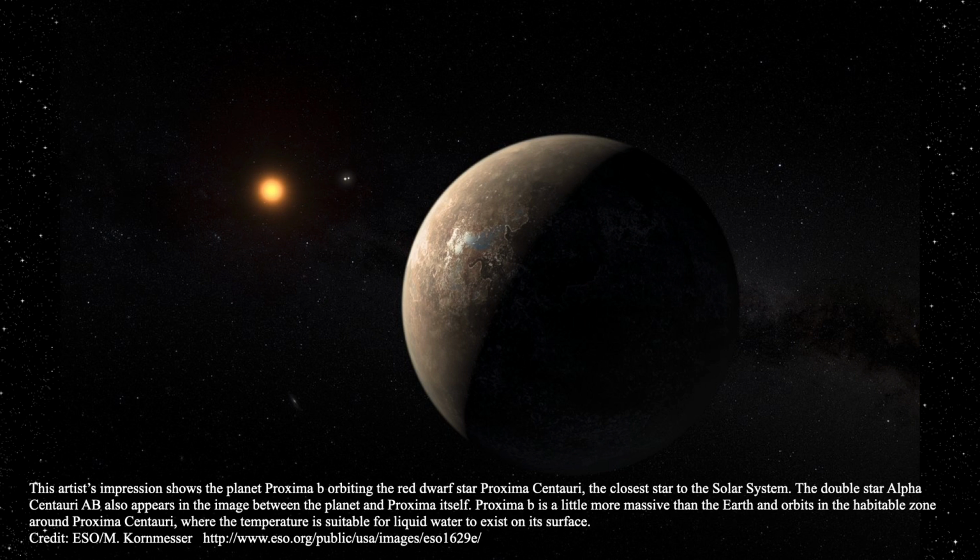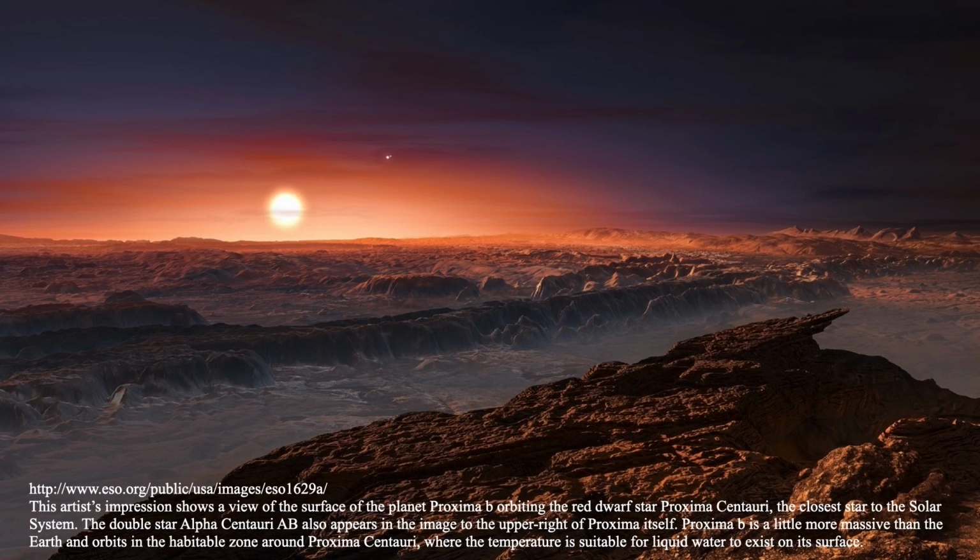The Earth is just on the inside of the habitable zone of the sun, and Mars is just on the outside of it. We'll talk about that when we get to exoplanets later in these courses. So if you happened to be on the surface of Proxima B, the most likely place where it would be conducive for water to be on the surface is on the boundary between day and night.